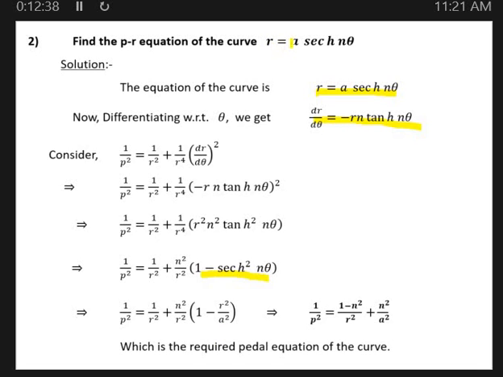Why? Because r is equal to a secant hyperbolic n theta, so secant hyperbolic square means we'll get r square by a square. Now simplifying this equation, we get 1 by p square is equal to 1 minus n square by r square plus n square by a square, which is the required pedal equation of the curve.